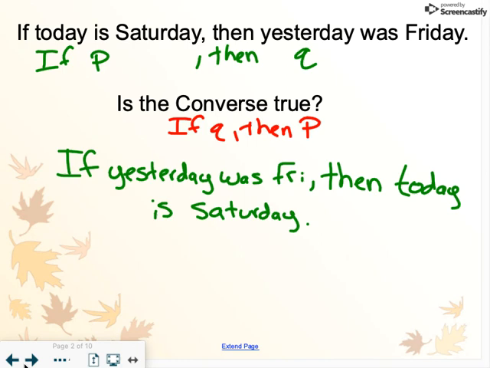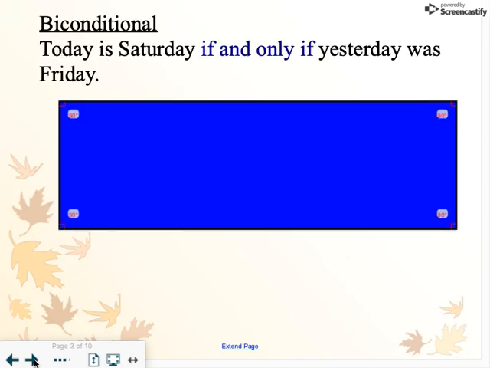So what we're talking about today are statements that are both true as a conditional and true as a converse. And how we do that is we write this biconditional. We use the phrase if and only if. If it is true both as a conditional statement and a converse, we can write it as today is Saturday if and only if yesterday was Friday.